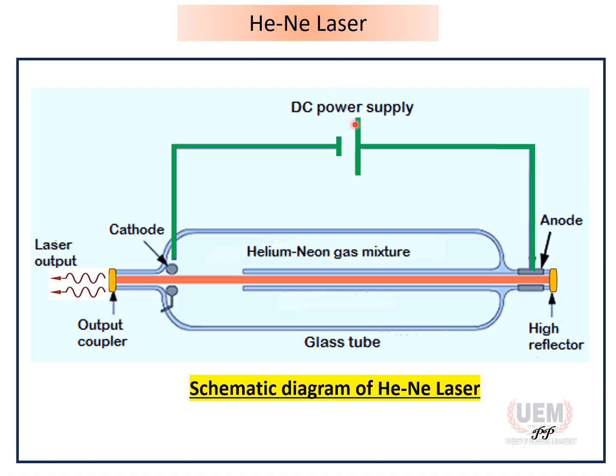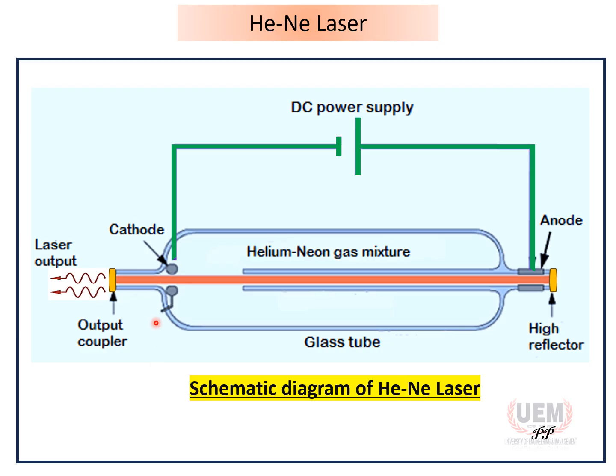Second, the active medium where the helium neon gas mixture is introduced. And third, the resonating cavity where neon atoms are active and enable lasing action, provided that these neon atoms are excited with the help of the helium atoms.